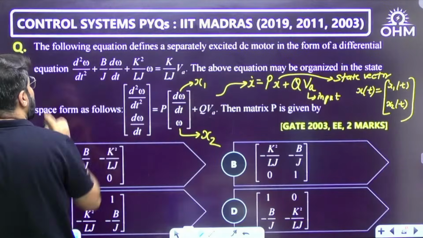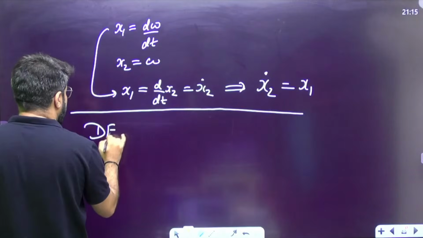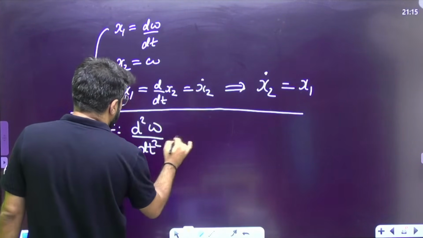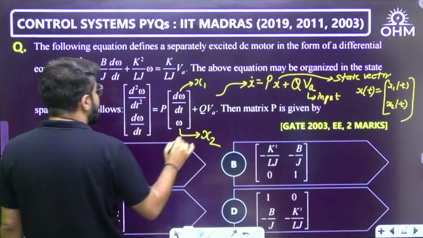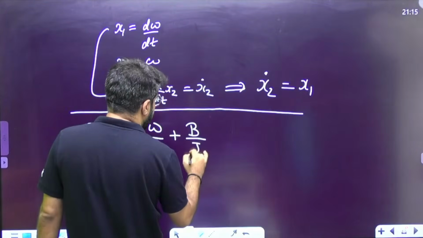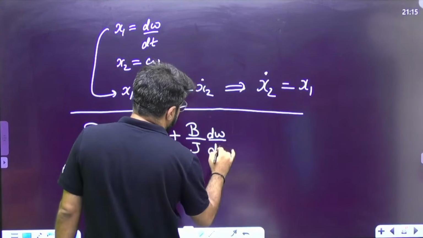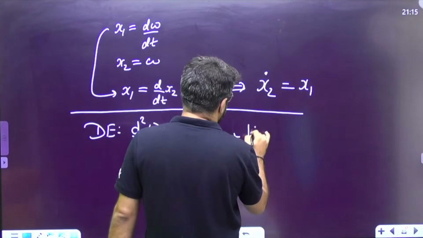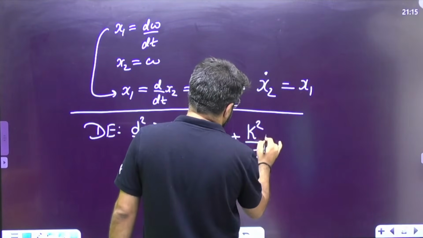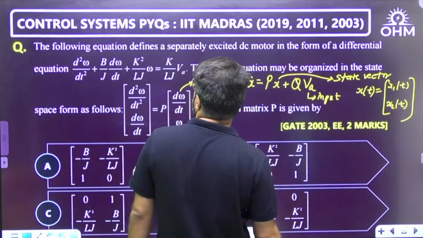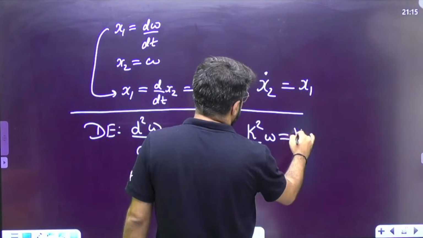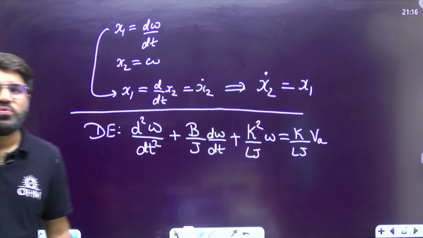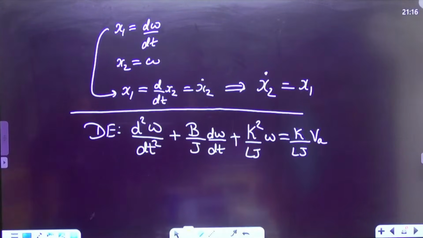Now, the differential equation is given. What is the given differential equation? That is d2 omega by dt square plus b by j d omega by dt plus k square by lj omega is equal to k by lj into Va, right?